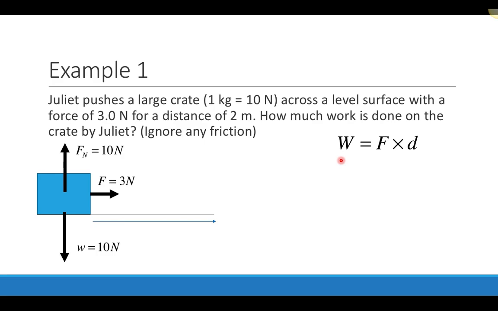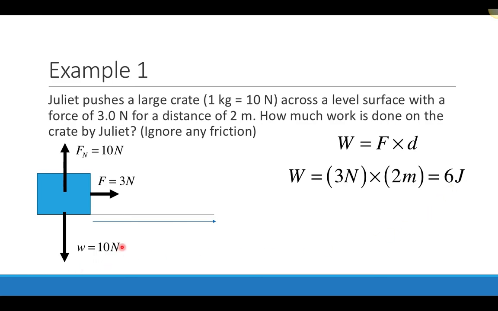So according to our definition of work, which is force times distance, the force that's being applied is 3 newtons. The distance is 2 meters. And so there is a total of 6 joules of work that's being done.